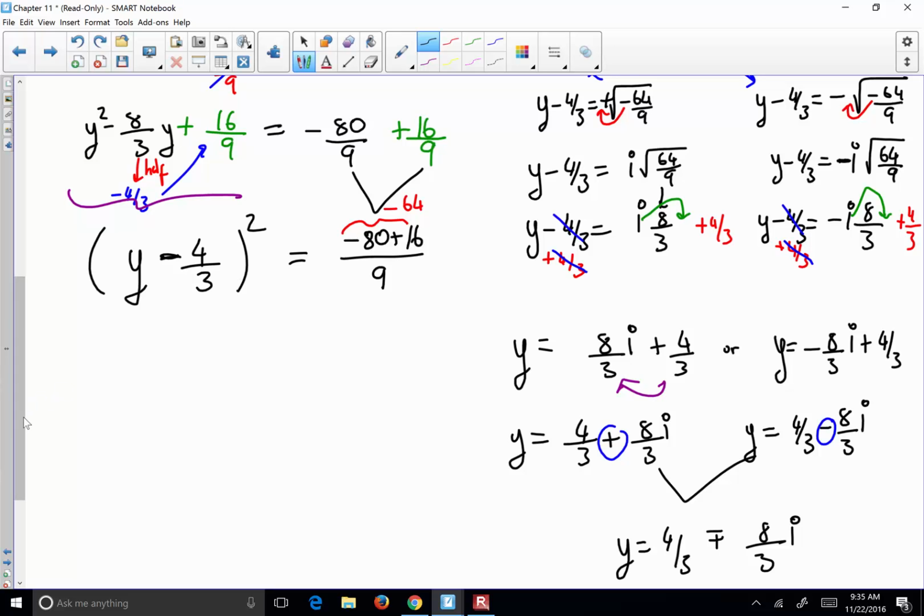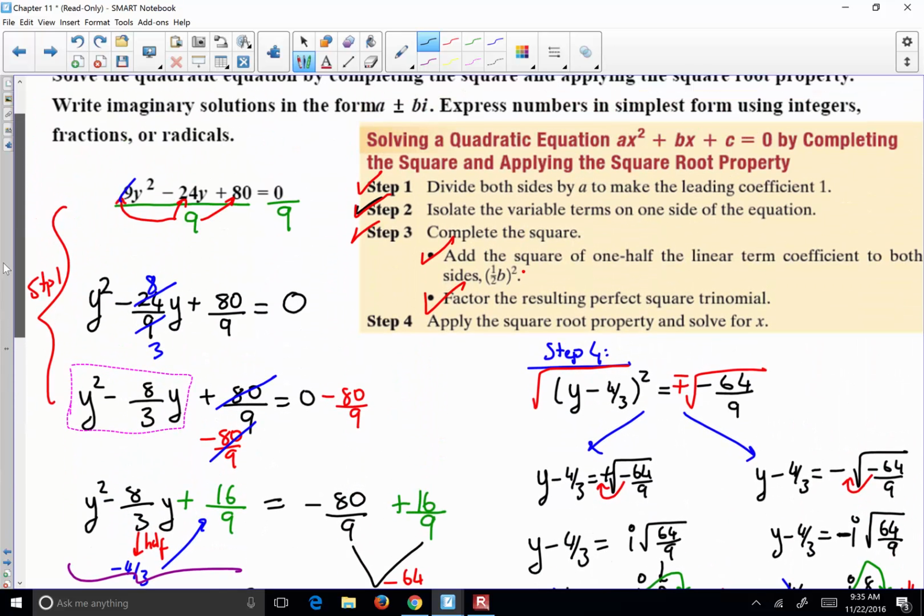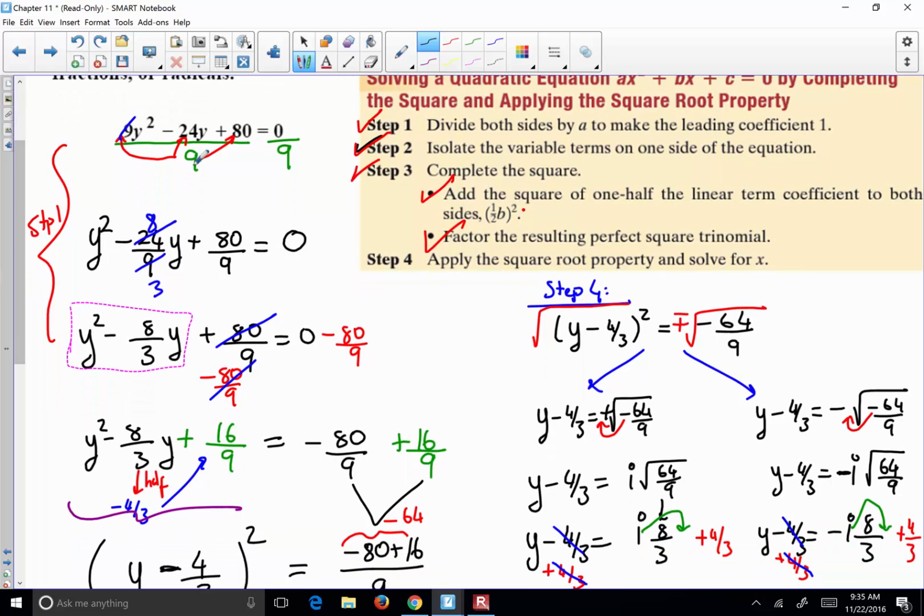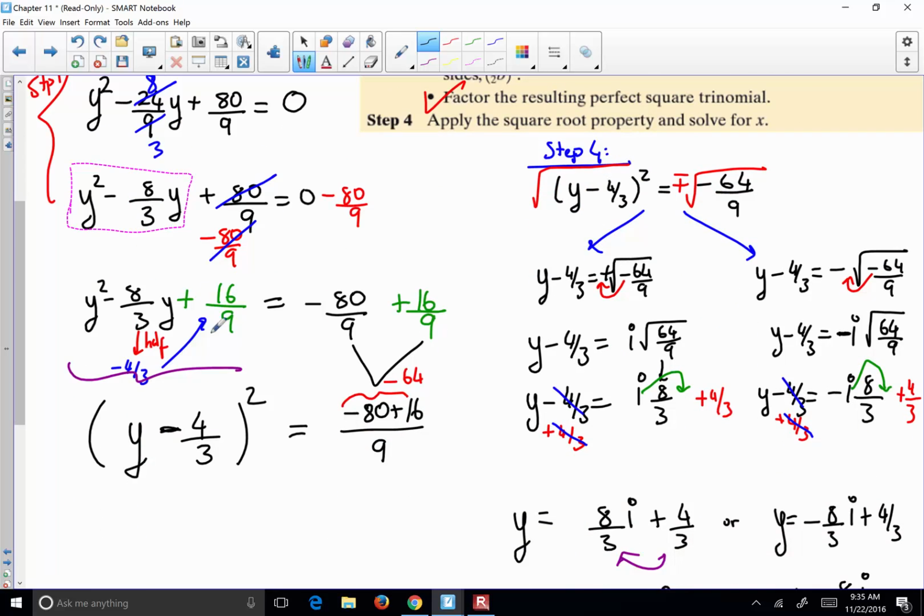Okay, let me repeat from the beginning. We started off by dividing both sides. I simplified as much as I can, and I got rid of the number and moved it to the right because this was a useless number. It's not making this a perfect square. So I moved it to the other side and picked my own number, added to both sides, and then square rooted both sides, getting plus and minus.